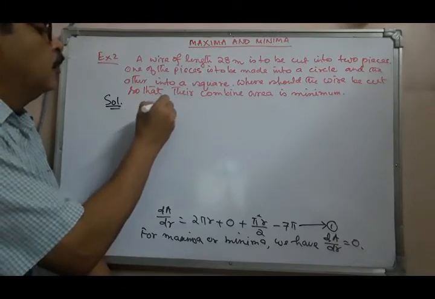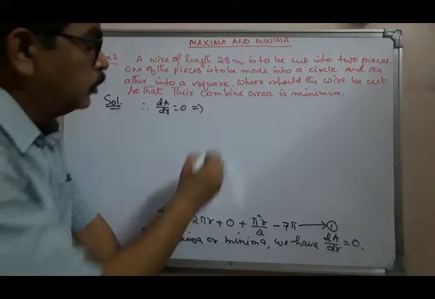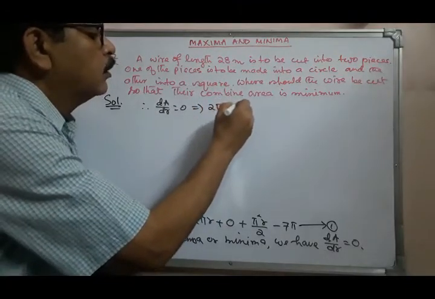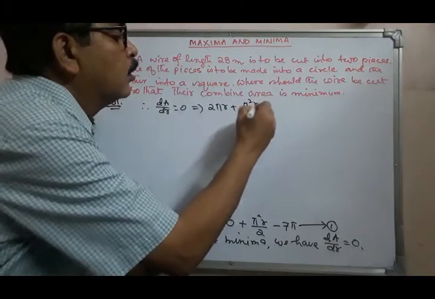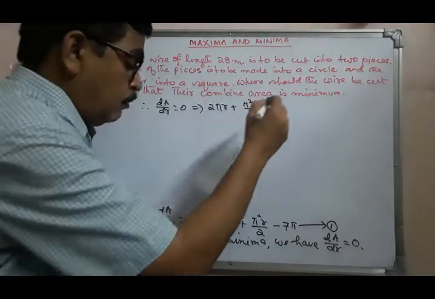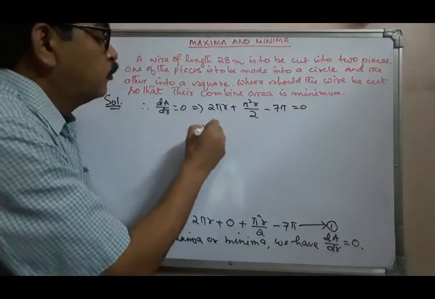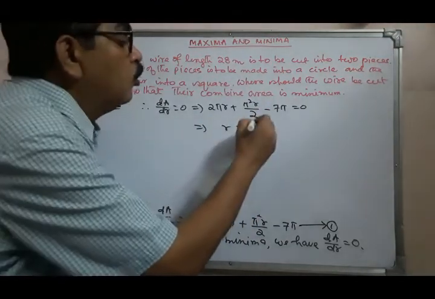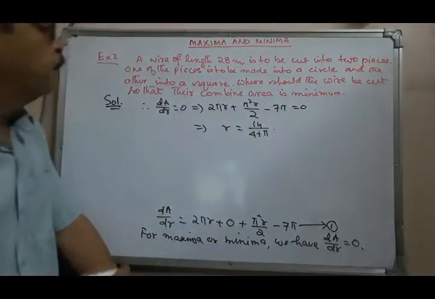Therefore, dA by dr equal to 0 implies 2 pi r plus pi square r by 2 minus 7 pi equal to 0. So from here, r equal to 14 by 4 plus pi.